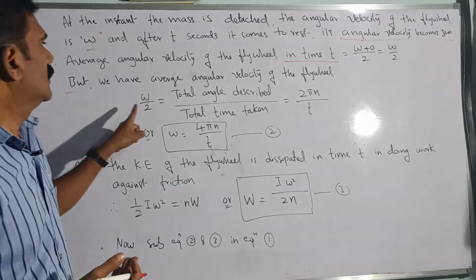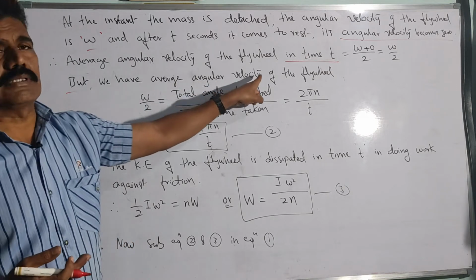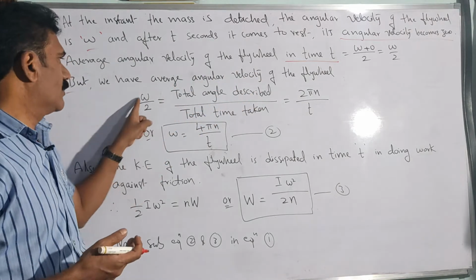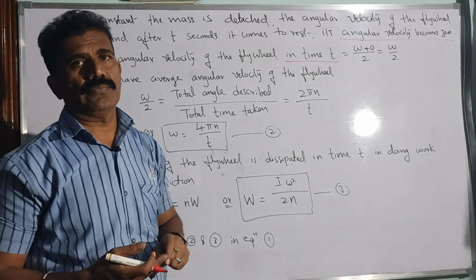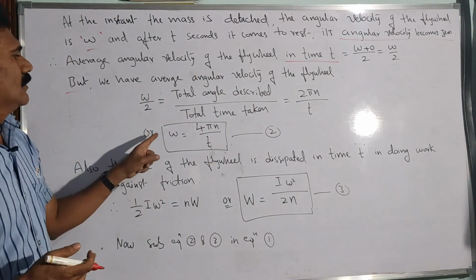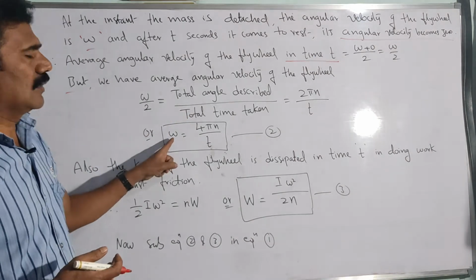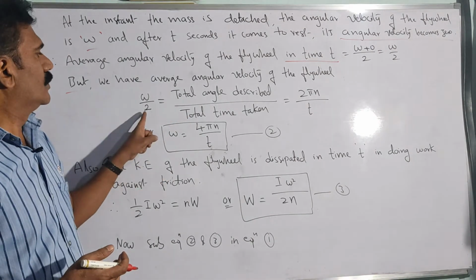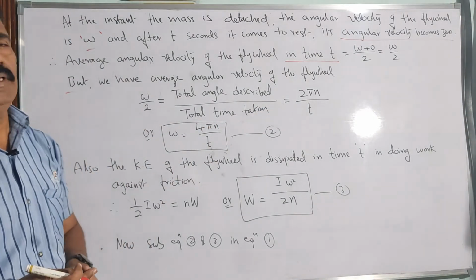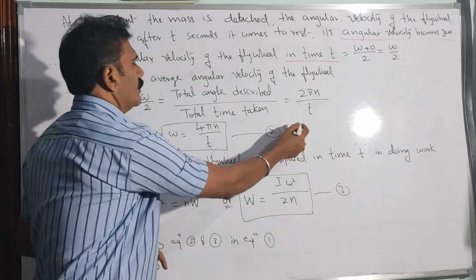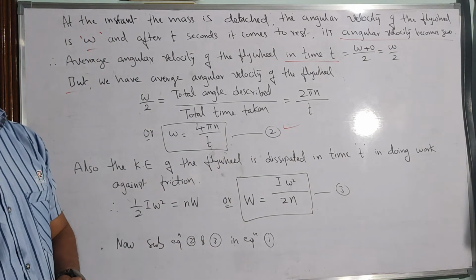That gives the average angular velocity. So average angular velocity is omega by 2, and that must be equal to 2 pi n by t also, right? By rearranging the equation, angular velocity omega is equal to 2 into 2, 4 pi n by t. Let it be equation 2 for the angular velocity of the flywheel.